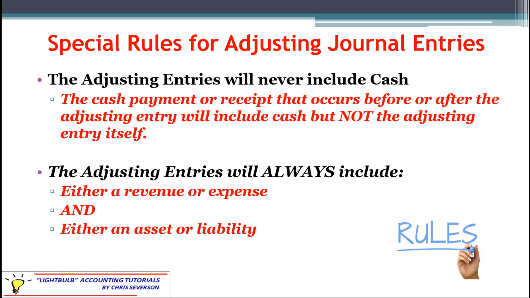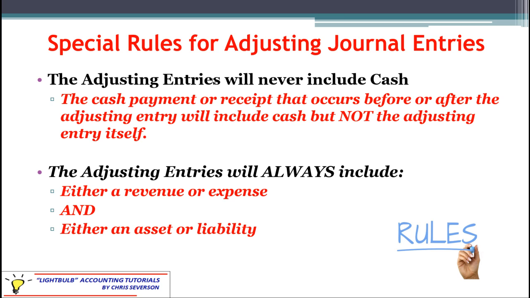Now that we're starting our discussion of adjusting journal entries specifically, there are a few additional rules we have to discuss. And the first rule is that adjusting entries themselves will never include cash. There will be a related cash entry either before the adjusting entry or after the adjusting entry, but the actual adjusting entry will never include cash.